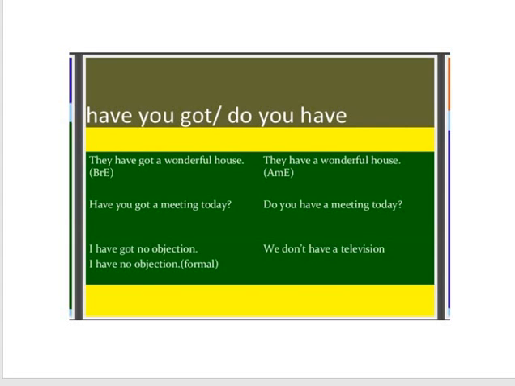And on the American side: they have a wonderful house. Have you got a meeting today? Do you have a meeting today? I have got no objection. I have no objection. We don't have our television.